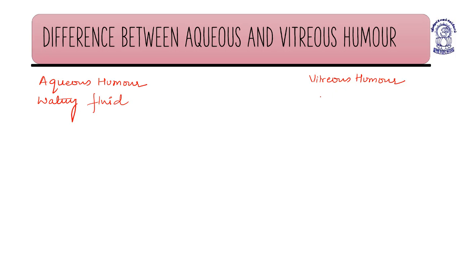Vitreous humor is a jelly-like substance. Aqueous humor is present between the cornea and lens, and vitreous humor is present between the lens and retina.